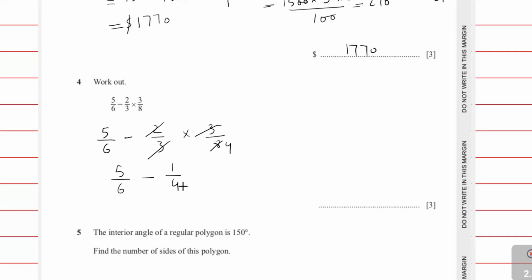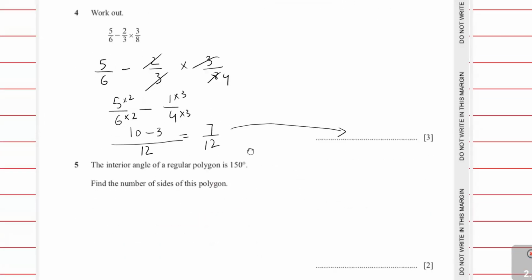And we can subtract the fractions if we make the denominators of both fractions the same. Look here, if we multiply the first fraction by 2 and the second fraction by 3, the denominators would be the same and we can subtract the numerator values. 5 times 2 is 10, 1 times 3 is 3, therefore 7 over 12 will be the answer.